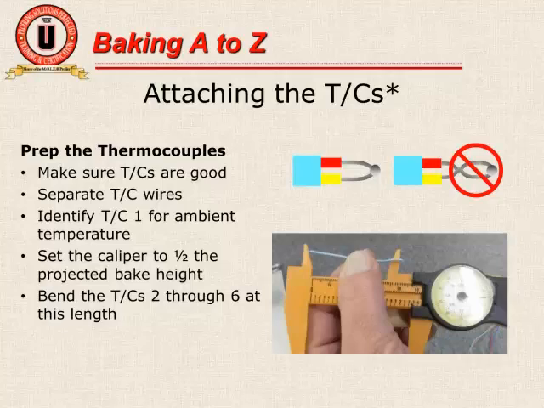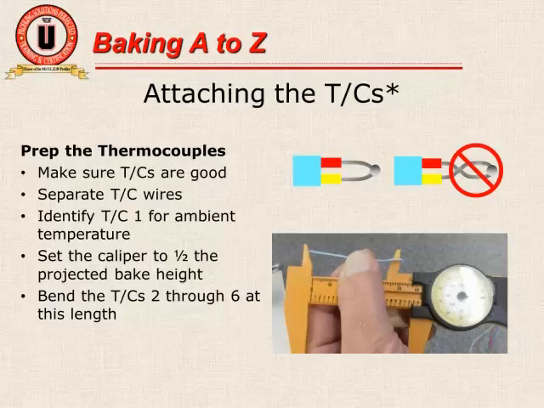So before you grab the pan off the line to start instrumenting it, have your TCs ready to go. Identify TC number 1. You want to use TC number 1 for the ambient temperature, and we'll show you how to set that up in just a moment. Set your caliper for about half the projected bake height for spring.